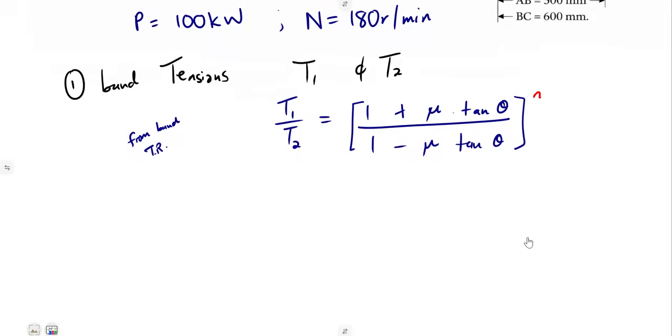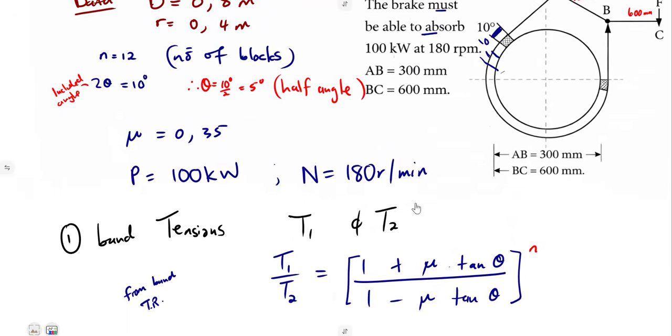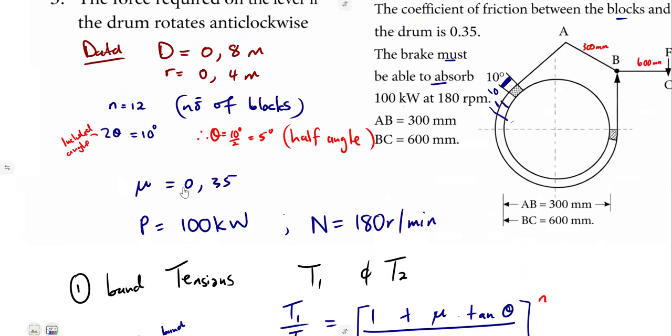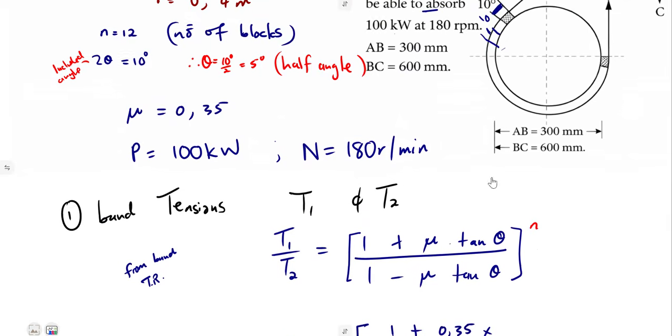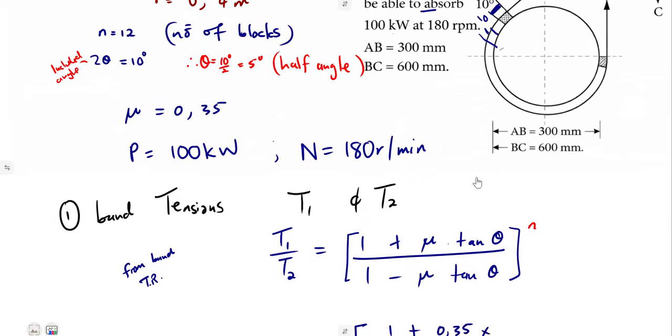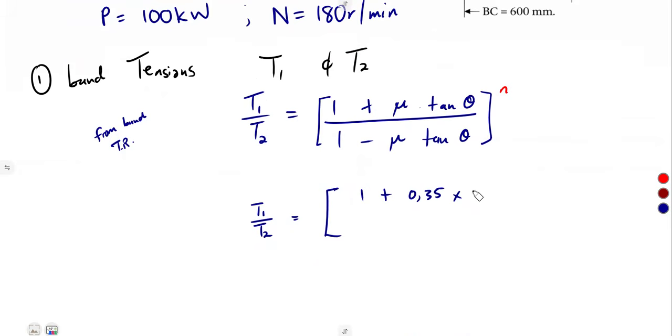All right. So let's do this and substitute everything. We have got the coefficient of friction. Our half angle is there. So thus T1 over T2 is going to be equal to what? Substitute 0.35, the coefficient of friction, times the tan of the half angle theta, being the half angle, which is what? 5 degrees.